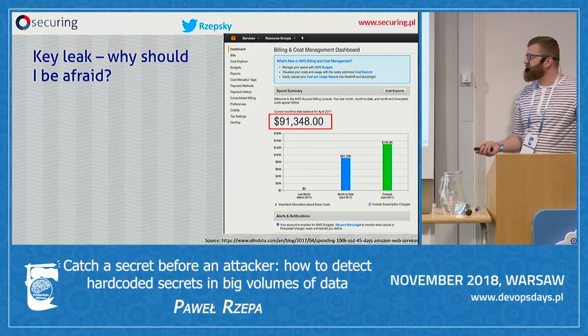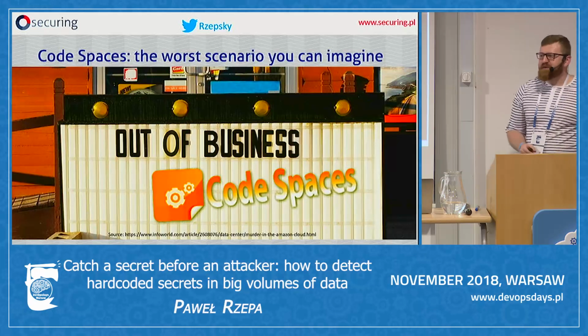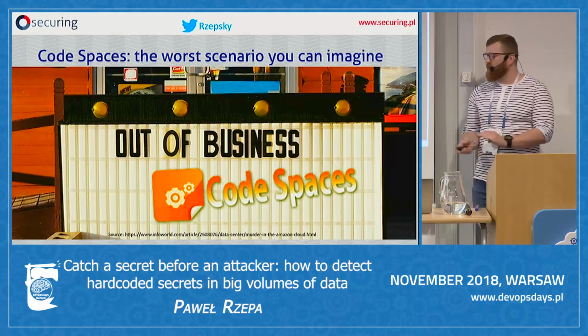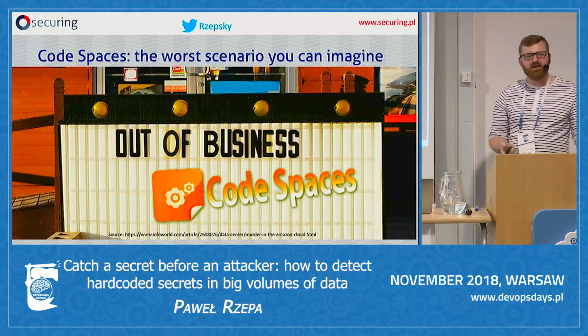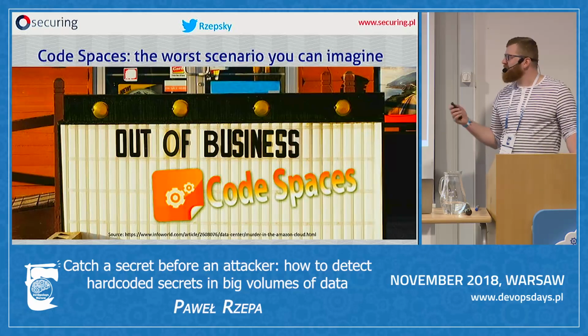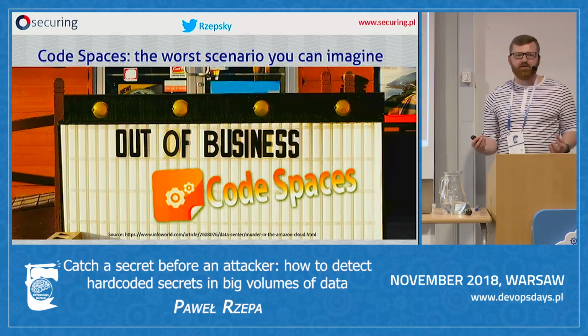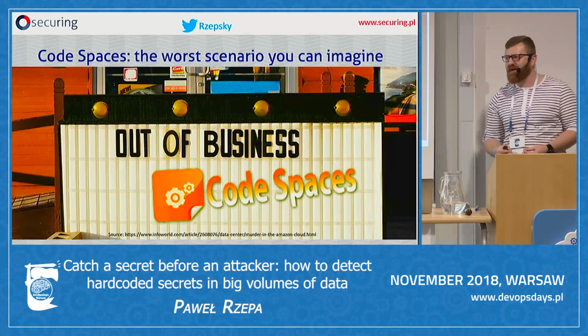Later I will tell you more. What is the worst scenario? The company called CodeSpaces, they were an alternative to GitHub in 2013, but they put all the data in AWS, including backups, without any cross account.